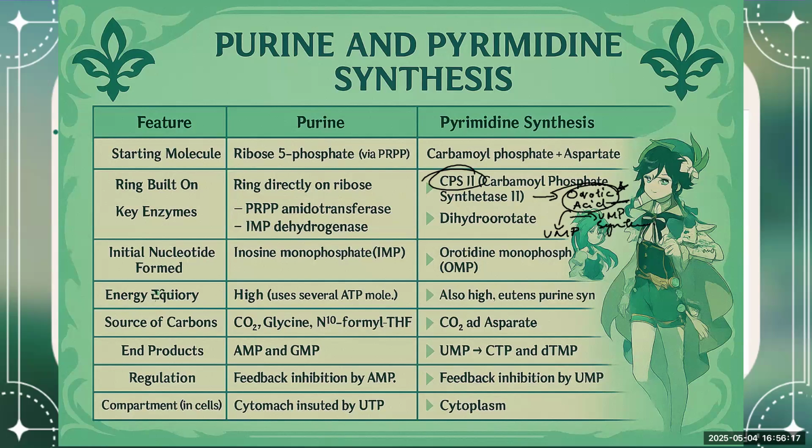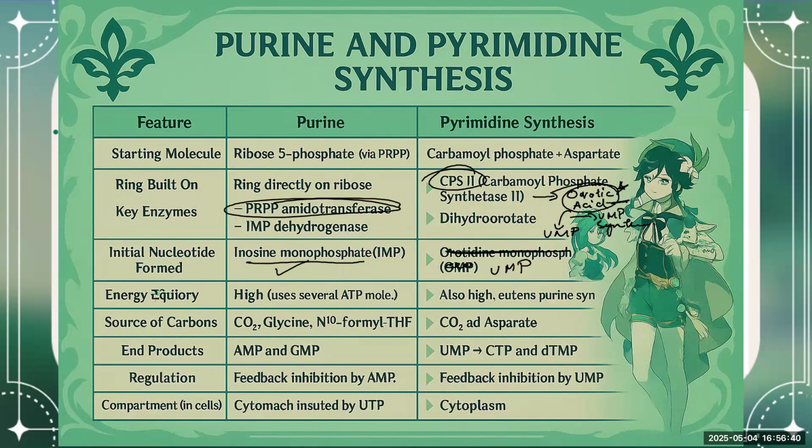In the purine pathway, this one is the key enzyme because this was the regulated step. The initial nucleotide formed is the parent nucleotide. This is supposed to be UMP. I'll fix this and send it again.